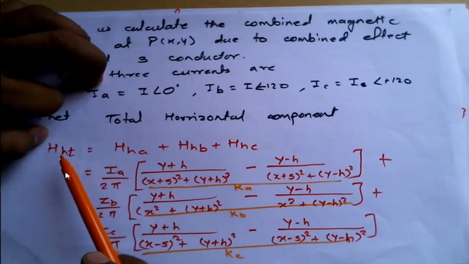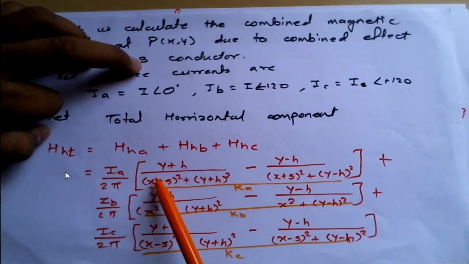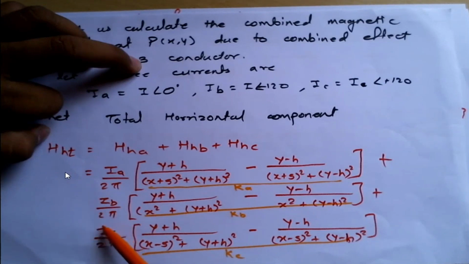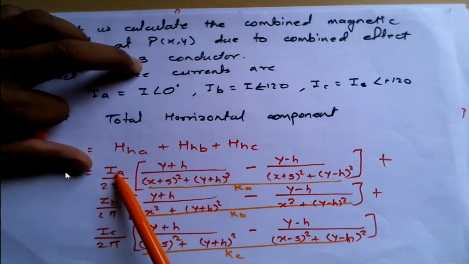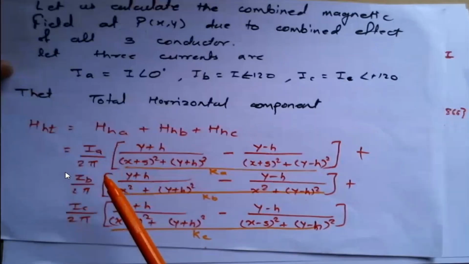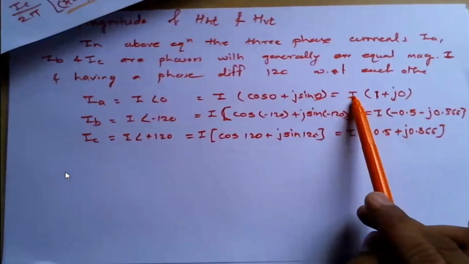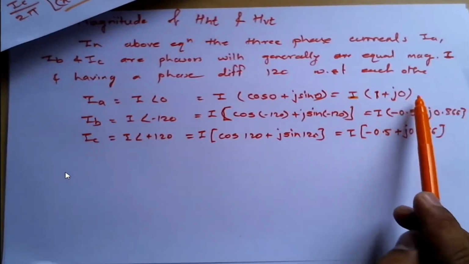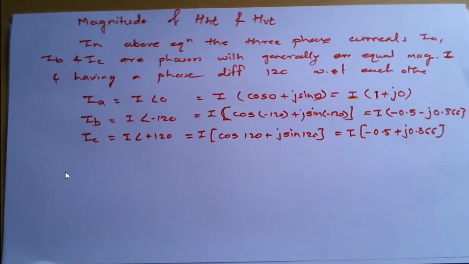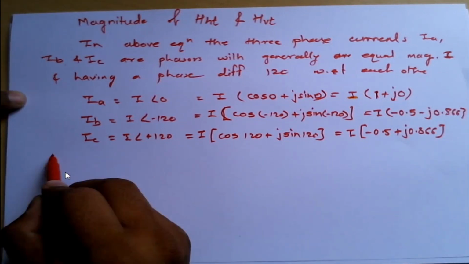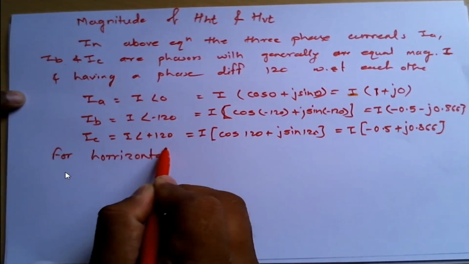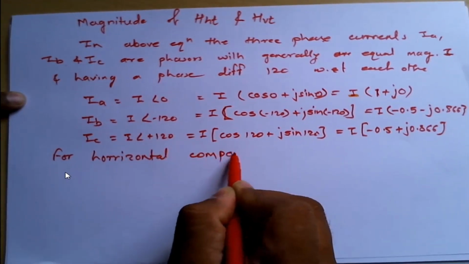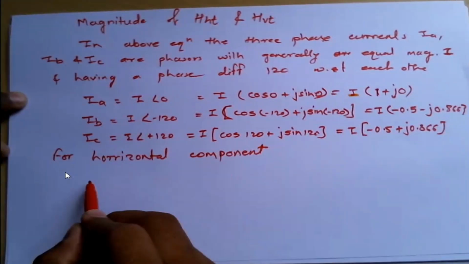So what will happen, this H_HT will be Ia upon 2 pi into Ka plus Ib upon 2 pi into Kb plus Ic upon 2 pi into Kc, and after that Ia I will replace by this. Ia is equal to this value, I in bracket 1 plus j0. So let us say for the horizontal component, what is K?